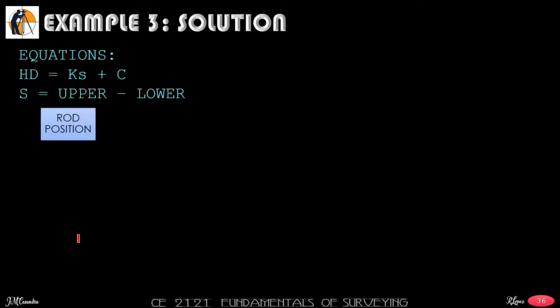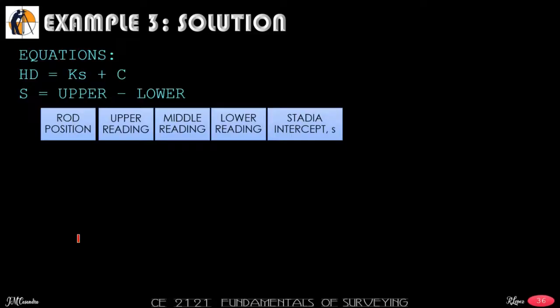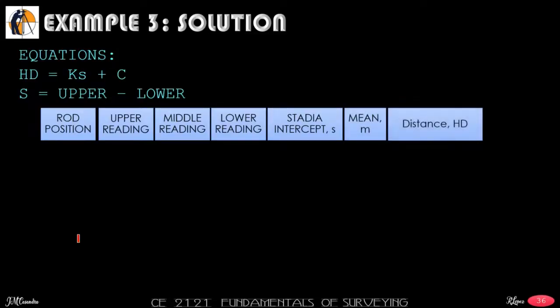So for our table, we'll have your rod position, upper reading, middle, lower reading, stadia intercept S, the mean M, and our horizontal distance HD. So for our rod positions, we have AB, BC.